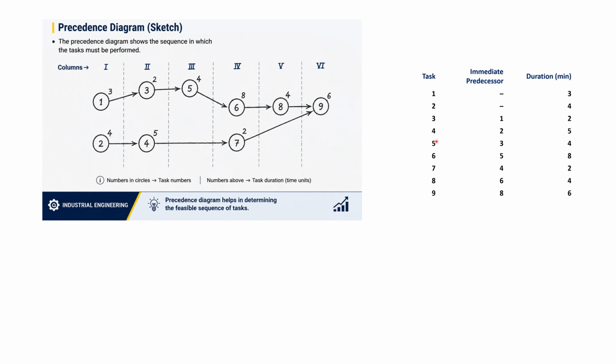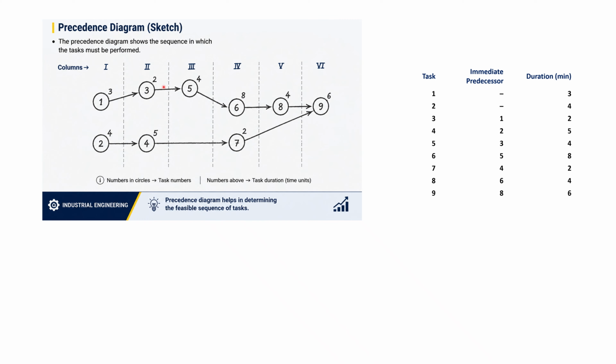Then 4. What is the precedence task of 4? That is 2. So draw an arrow from 2 to 4. That means after 2, 4 is started. The durations of 3 and 4, that is 2 and 5 respectively, are shown above the circle.